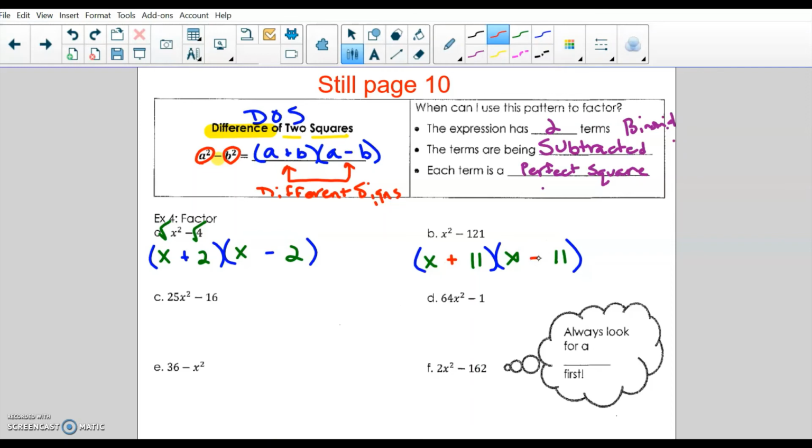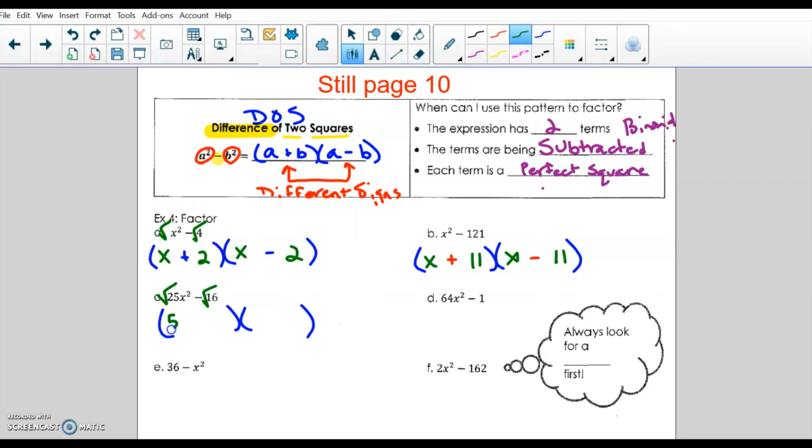Difference of squares is a very fast factoring as soon as you know what the square roots are. C. Alright, so C has a perfect square in the front of the problem. So please note that the 25 and x squared are together, so when you square root them, that part stays together.